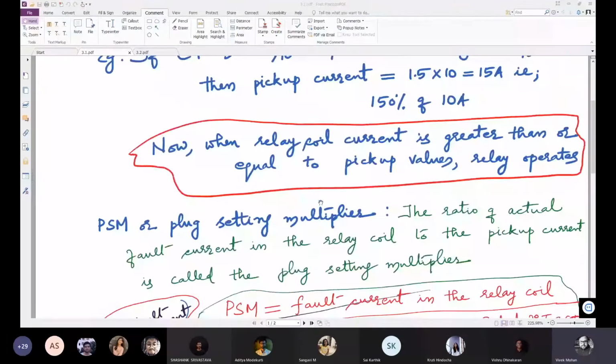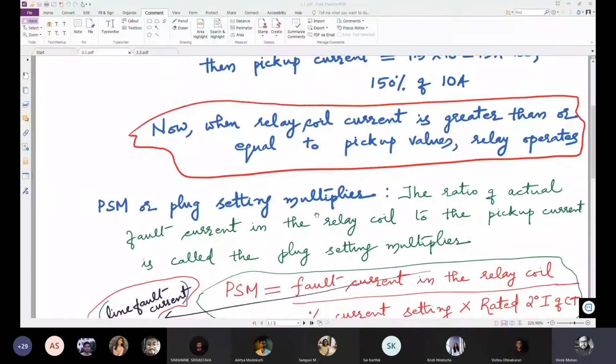For that, we will define a new term, which is the plug setting multiplier or PSM. Plug setting multiplier is defined as the ratio of actual fault current in the relay coil to the pickup current. The actual fault current is seen by the relay in the secondary of the CT, and its ratio to the pickup current will give you the plug setting multiplier.